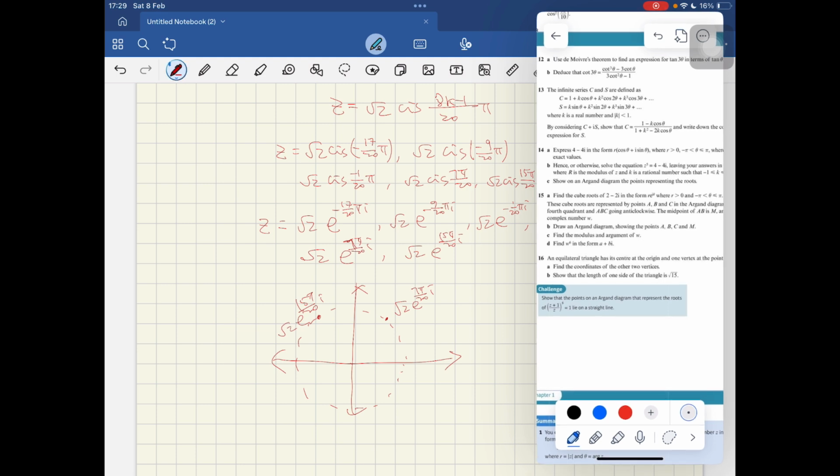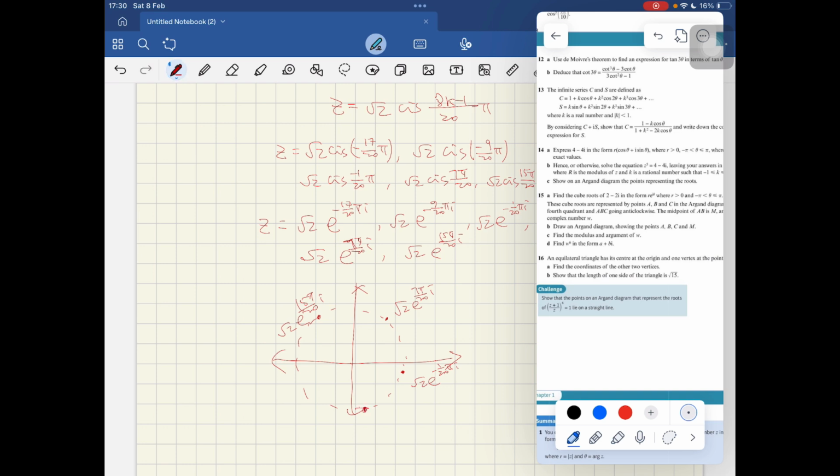And here square root of 2 e to the power of negative 1 over 20 pi i. It should be like 5, so not here. It was 9.